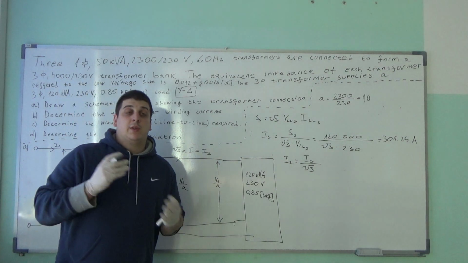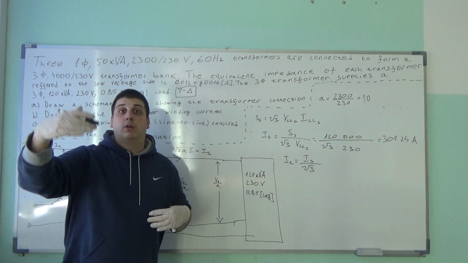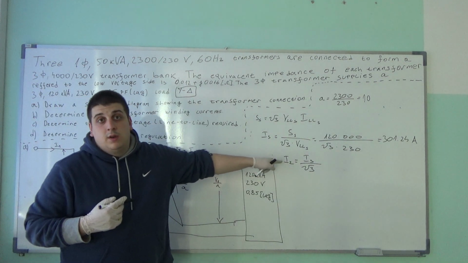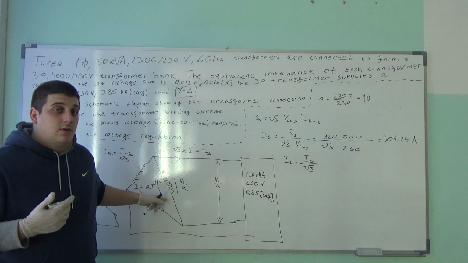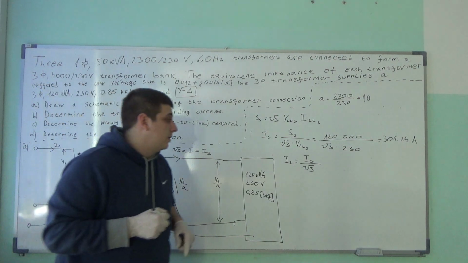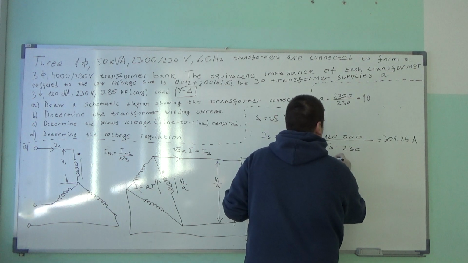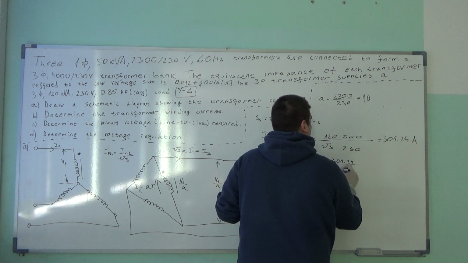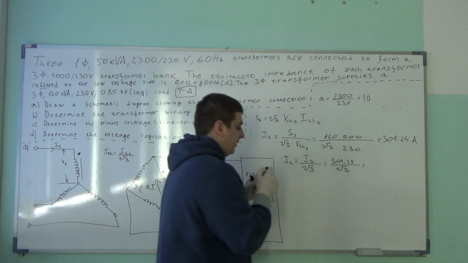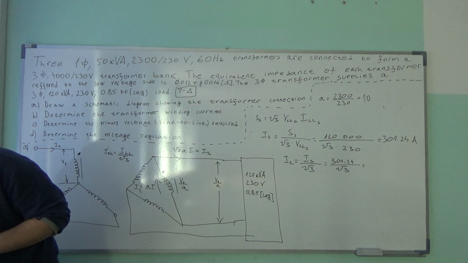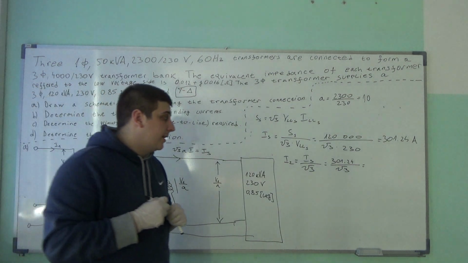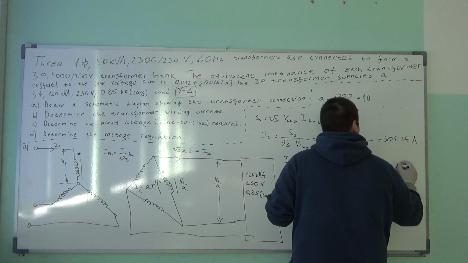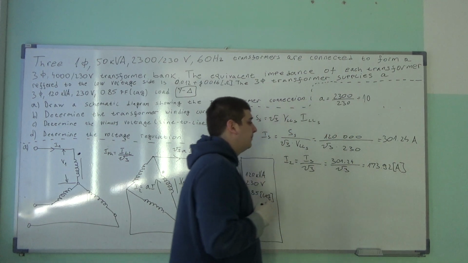It doesn't need to come in, it can go out, as in this particular situation. So this is the phase current of this transformer on the secondary side. That is equal to 301.24 divided by square root of 3, and that is equal to 173.92 amperes.